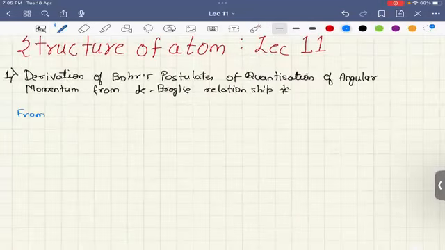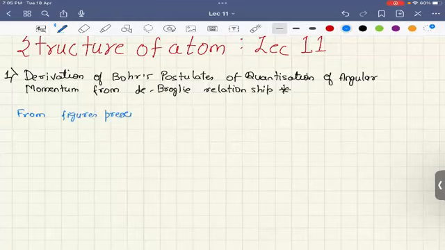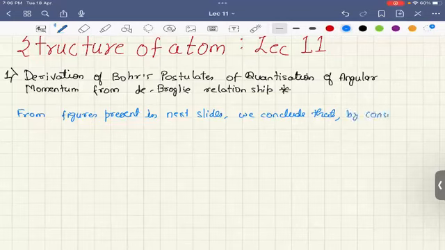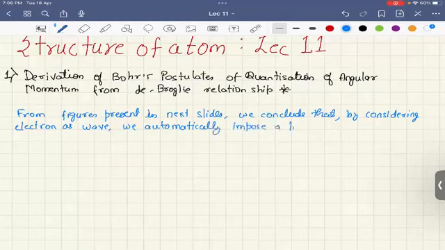Let us write this down. From the figures, we conclude that by considering the electron as a wave, we automatically impose a limit on the number of orbits.